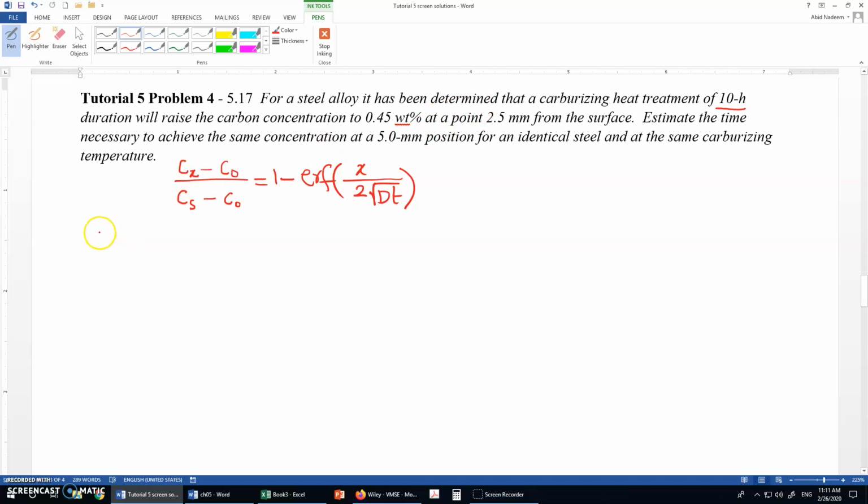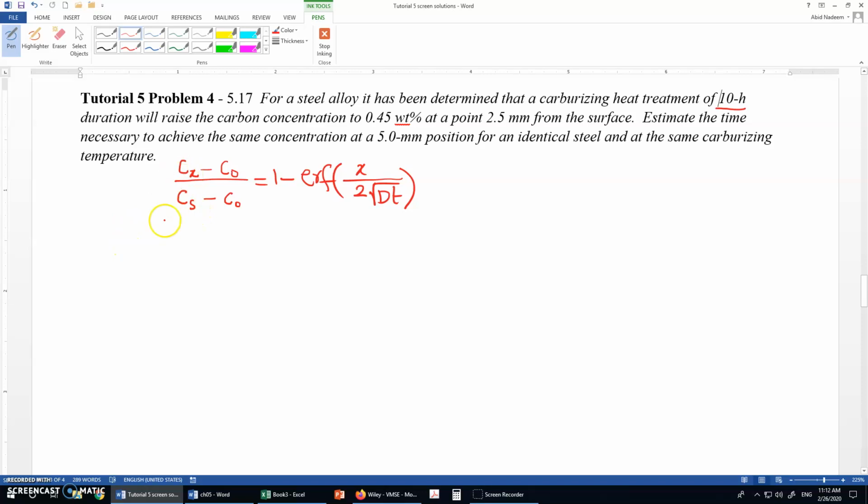Okay, so for the first case, firstly we have this situation, a 10-hour time and a concentration of 0.45 weight% was achieved starting from some initial value, and it is assumed that the surface concentration is maintained at Cs.